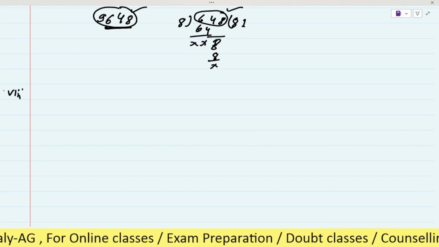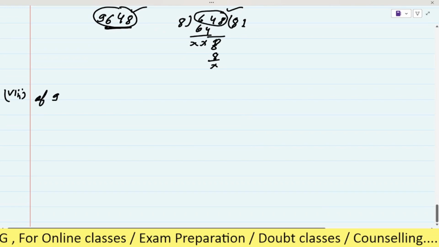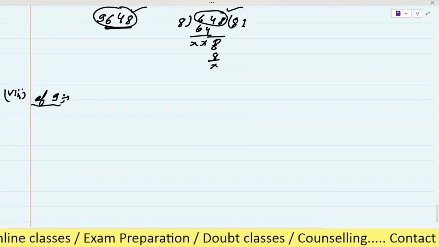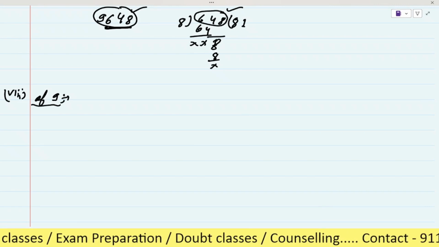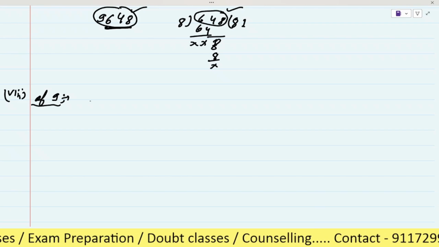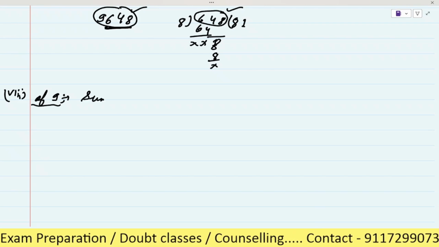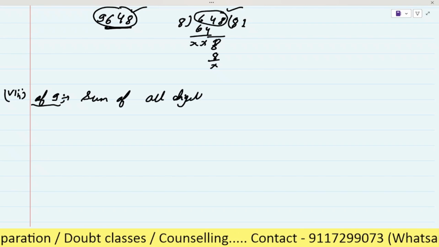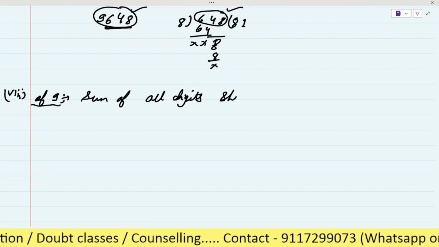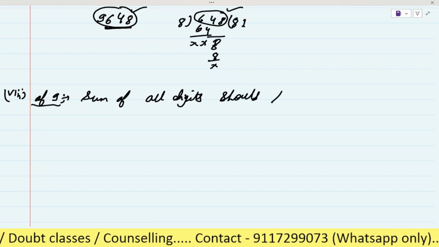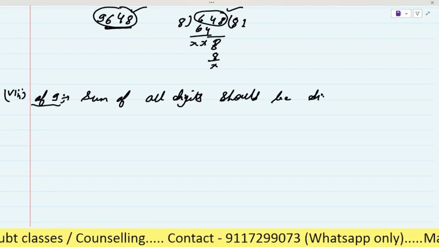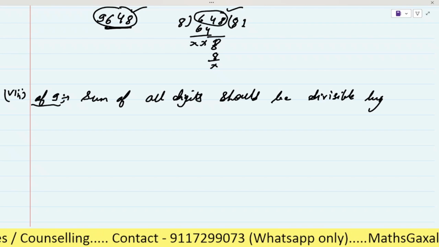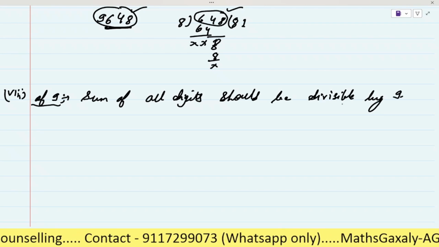Now the divisibility rule of 9. What is the divisibility rule of 9? It's too simple. This is the same as 3. The sum of all digits should be divisible by 9.